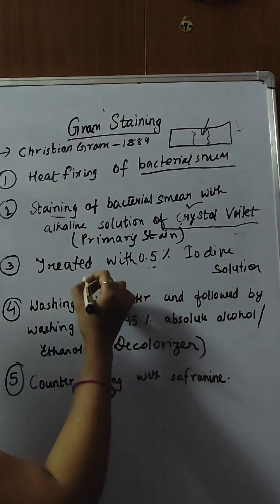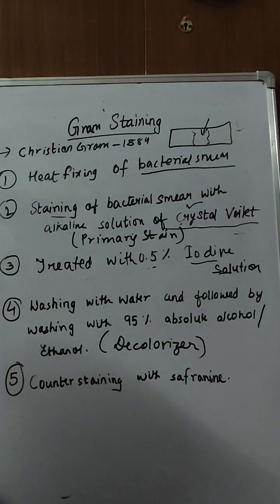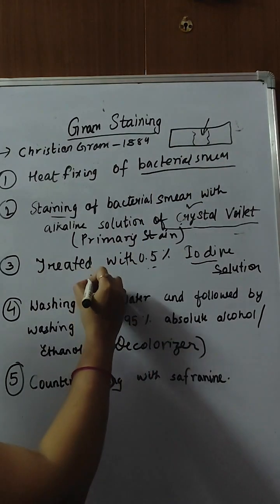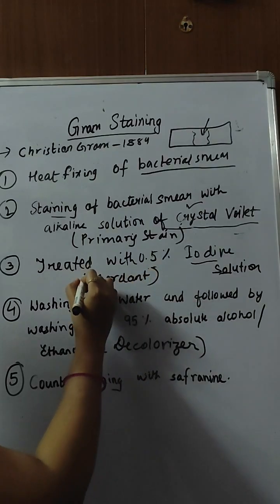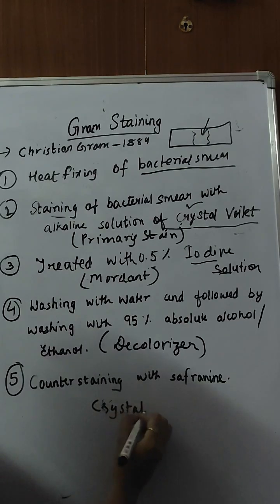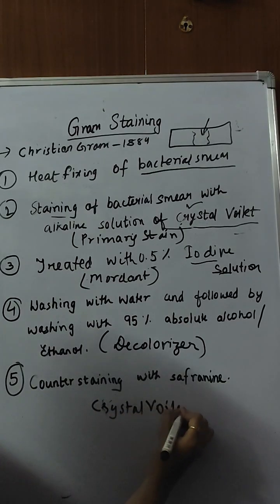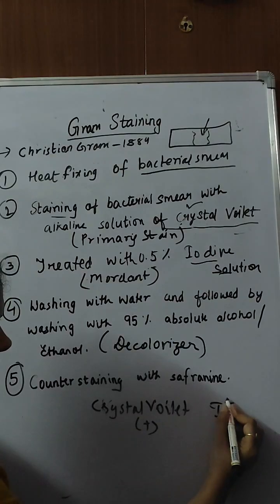After this, we are going to use iodine solution to fix this primary stain on the bacterial smear. For fixing the crystal violet, we are going to use a mordant. Mordant is for fixing. It will form a crystal violet iodine complex. Crystal violet is positively charged, whereas iodine is negatively charged.